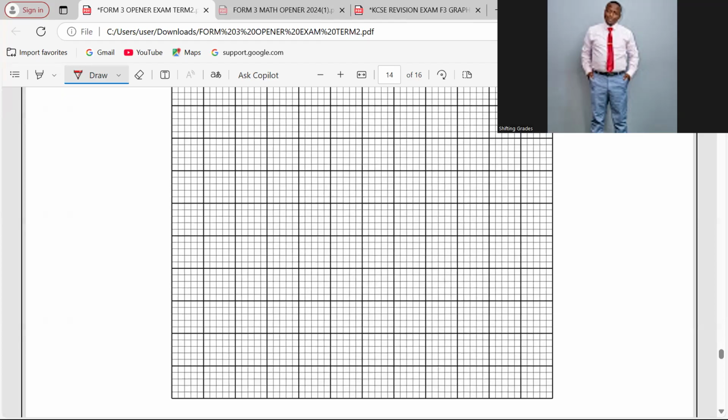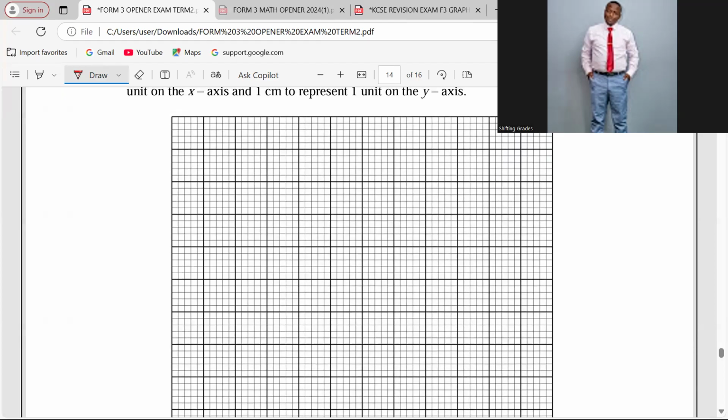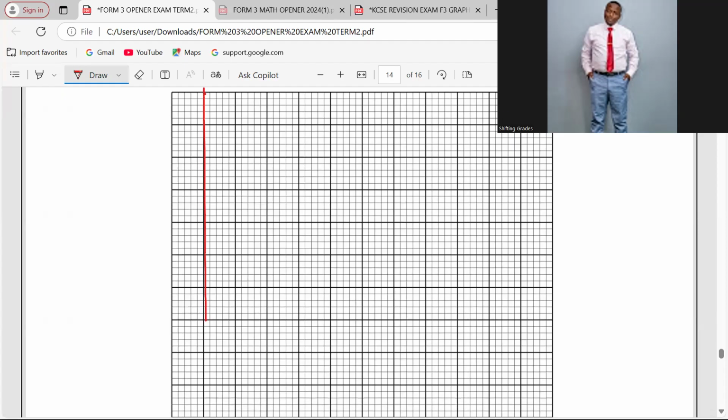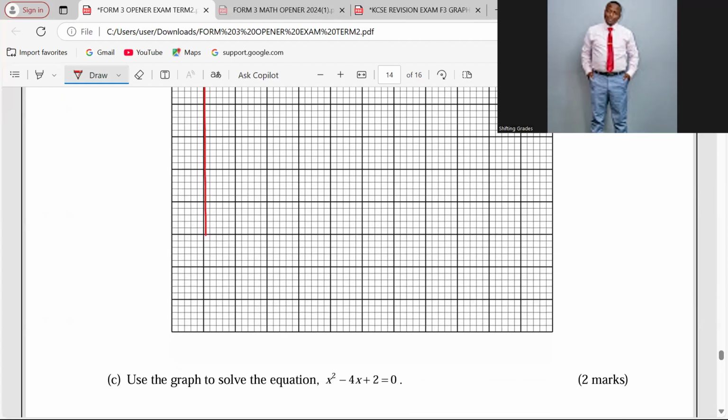So let's get into that. I'm drawing the axes, whereby I'll draw the y-axis this way, the vertical axis. Then I will also draw the x-axis at this point.